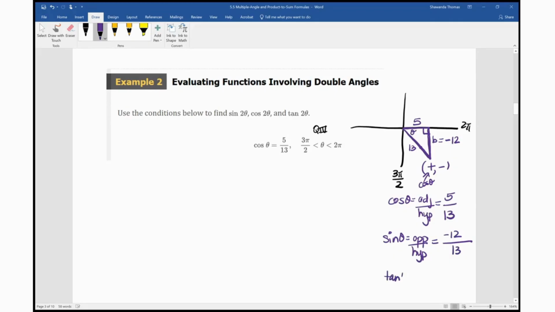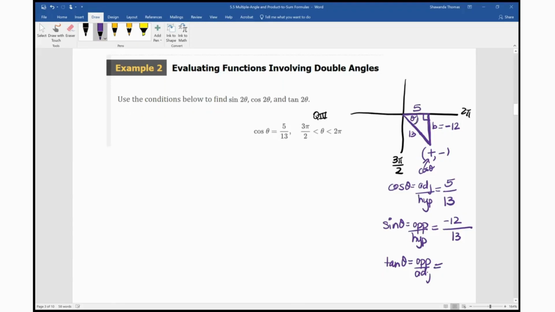Okay, tan theta we know is opposite over adjacent. So what would be tan of theta? Negative 12 over 5. Correct.